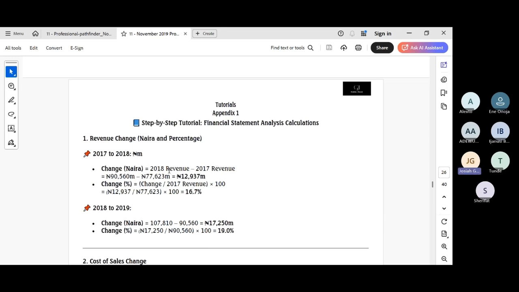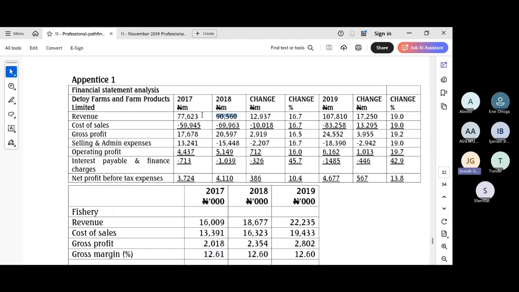So new minus old divided by old, if you want to use that formula. So you are checking the change between the new year and the old year divided by the old year to have the percentage change. But to have the actual change in value, you need to compute 2018, the new, minus the old, to have the value in Naira terms.